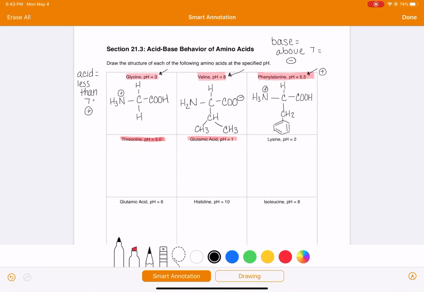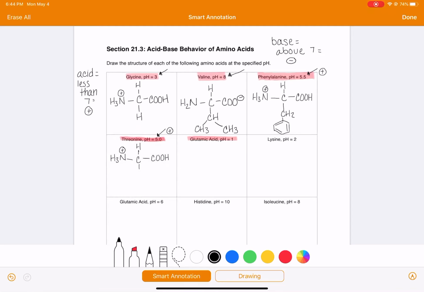So let's try this one too because I feel like we're on a roll. So now we have threonine and we're going to start going like this, just getting ready for the general structure. And we're going to look at our pH. What is our pH? It's less than 7. So that means we need to see positive charges only. So in terms of the amino and the acid, we need to have COOH and we need to have NH3+. What about the R group?